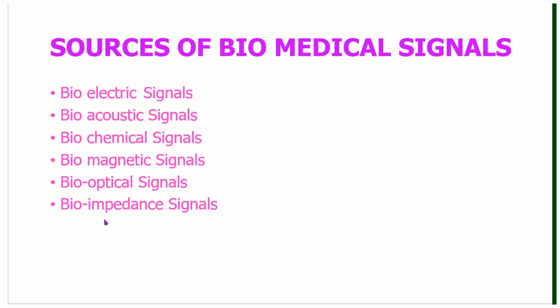Next comes the bioimpedance signal. For example, when a patient is breathing, a signal can be passed on to the chest area. This voltage signal is analyzed. When there is a drastic drop in the voltage signal, it means there is some irregularity in the respiration rate.